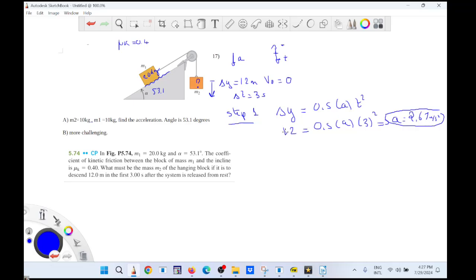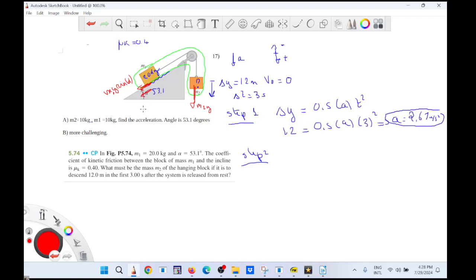So step 2, you apply the same principle. Everything is in the bag here. You have the driving force pulling down, that will be M2G. You still have M1G sine alpha opposing the motion.